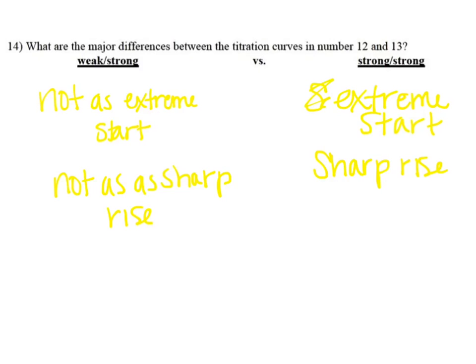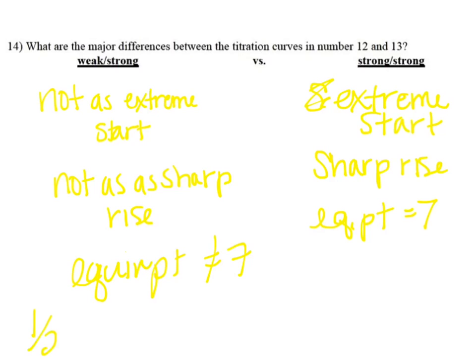The equivalence point in a weak strong is going to be not equal to 7, whereas with the strong strong, the equivalence point always equals 7. And lastly, remember, in the weak strong, your half equivalence point equals your pKa.